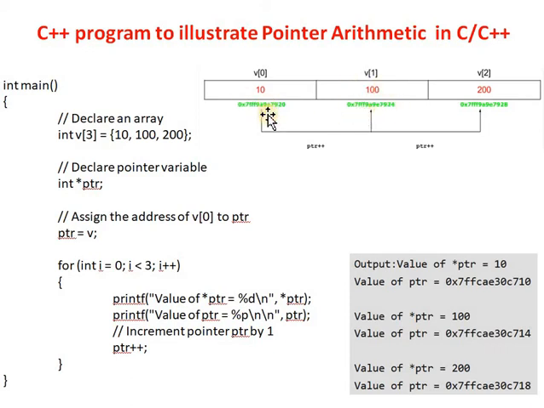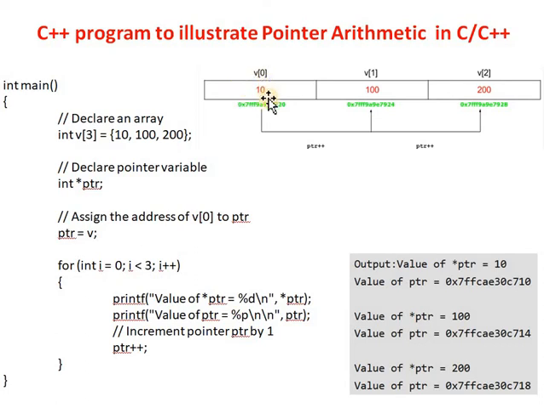So here, the zeroth index array element address is 7920 and the second element is at 7924, because this system requires 4 bytes of memory for storing a single integer value.